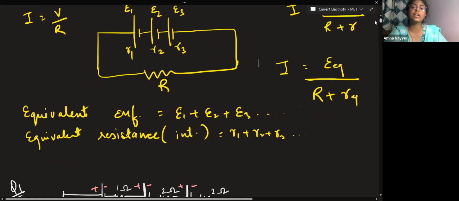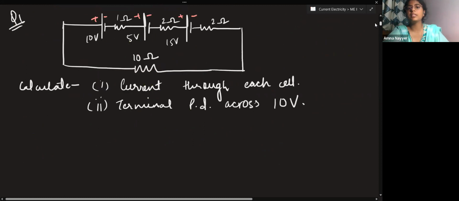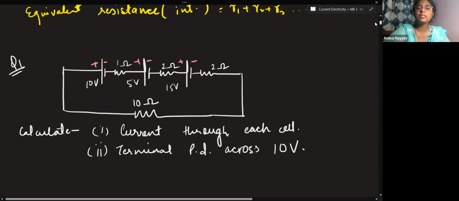Now the question that I was mentioning. For example, this is a question given to us. What is the voltage of each cell? The voltage of this cell is 10 volt. Voltage of the second cell is 5 volt. Voltage of this cell is 15 volt. Now, internal resistance of this one battery is 1 ohm.